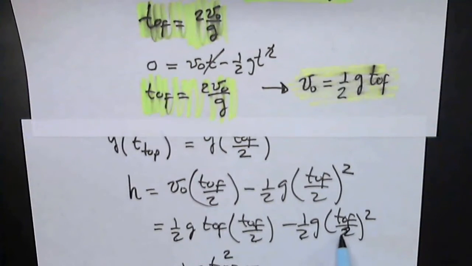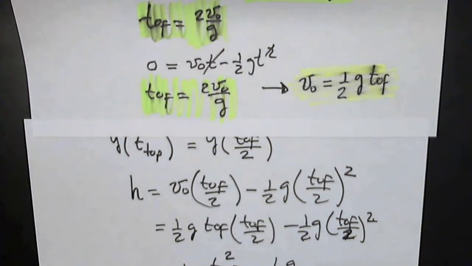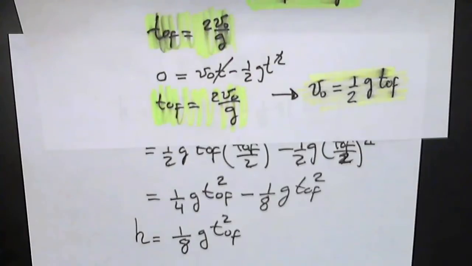A half, and this is 2 squared. 2 squared is four, times 2 is eight, 1/8 g time of flight squared. So the height given the time of flight is 1/8 g time of flight squared. And this is the equation.